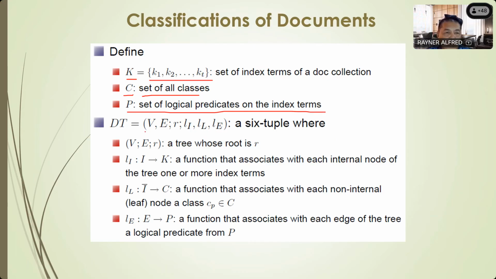We have the vertex, the edge, the root, and also a function that associates with each internal node of the tree one or more index terms. So this is for the index, this is for the class, and this is for the predicate. We have the keyword, the class, and the predicate from the root going to the class label.